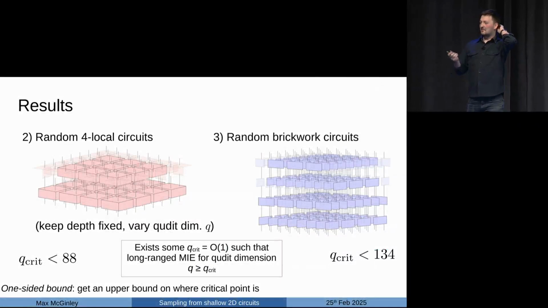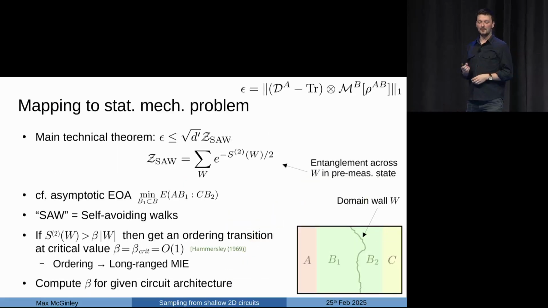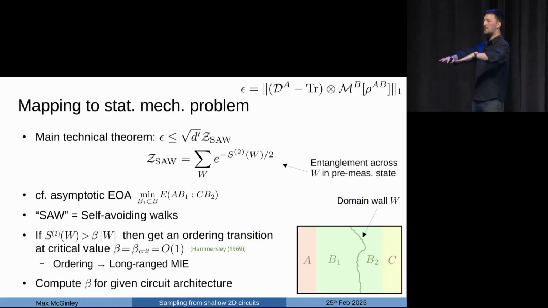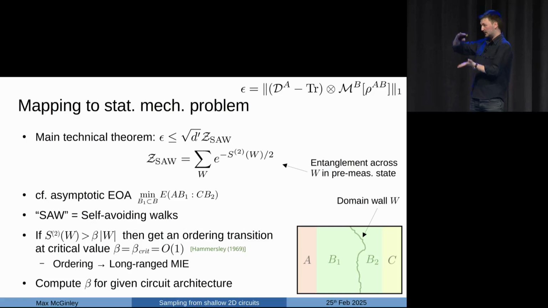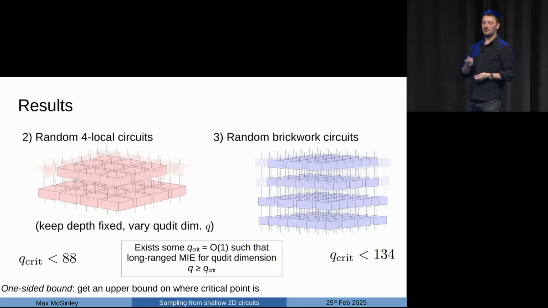The reason is that we've actually mapped, in the previous slide, to a 2D problem. And in some sense, what we've done is flatten any of the temporal structure of this circuit. Now, in practice, if you work with qubits, the depth at which this transition is believed to happen is something like 6 or 7.